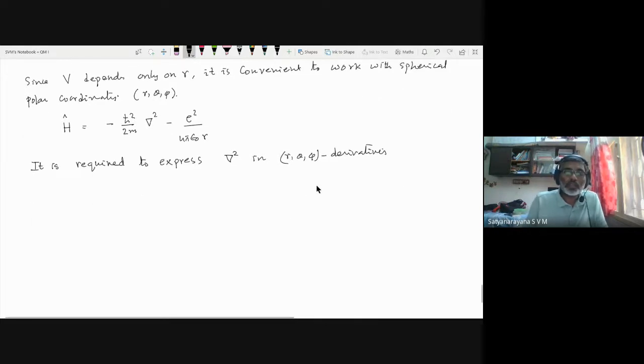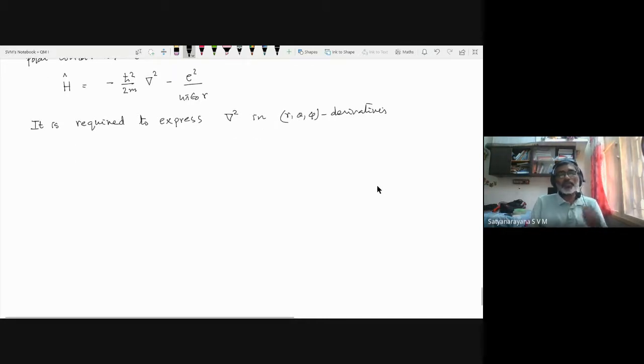This is the Laplacian, and Laplacian in terms of r, theta. I am sure in electrodynamics also you require this, because in spherically symmetric problems, if you want to solve the Laplace equation or Poisson equation in electrostatics, you require to use this.